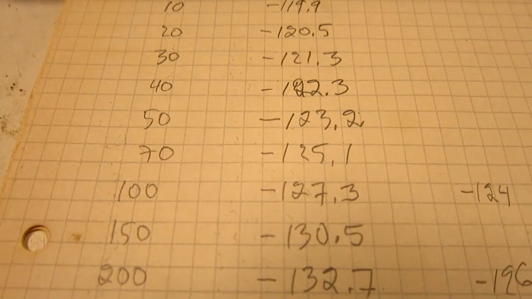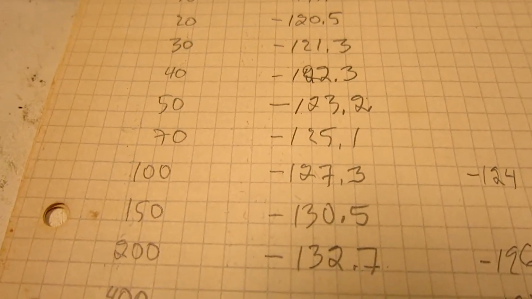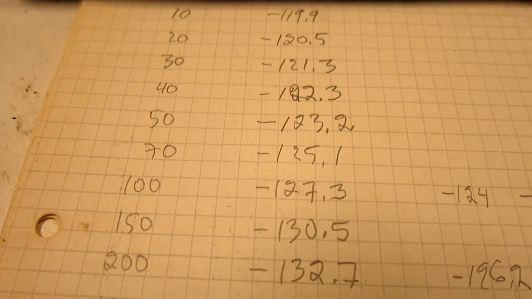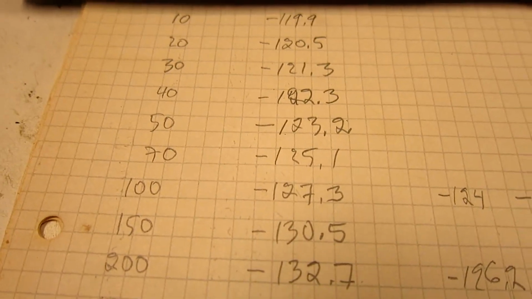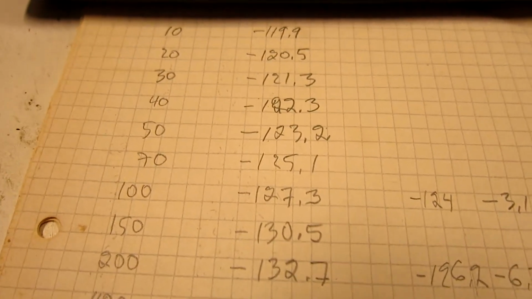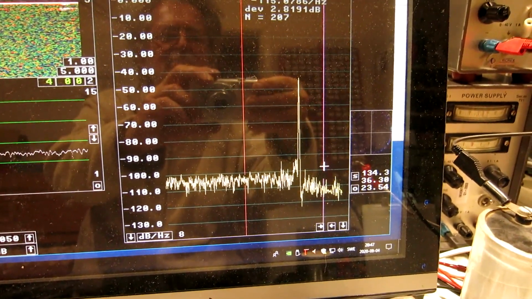I don't need the carrier anymore because I have calibrated the gain on the scale for the S-meter graph properly with that signal. So now I disconnect the Wenzel oscillator, and again I have to wait for a while.